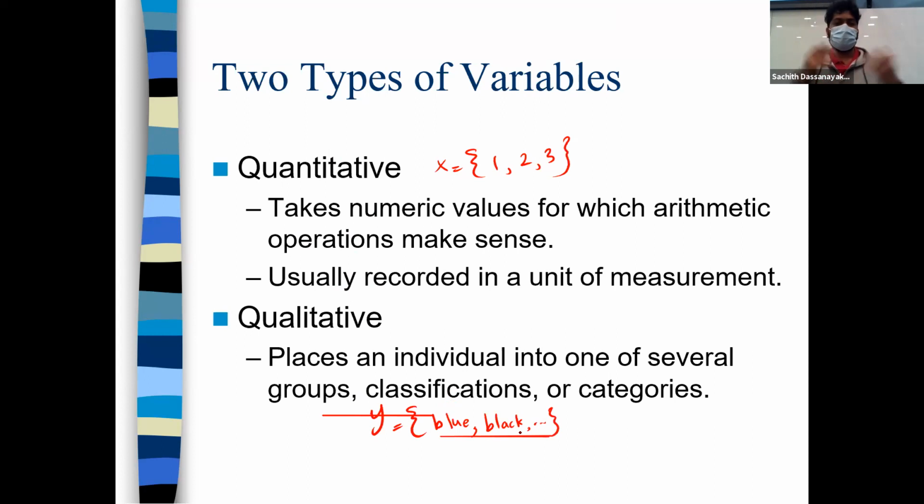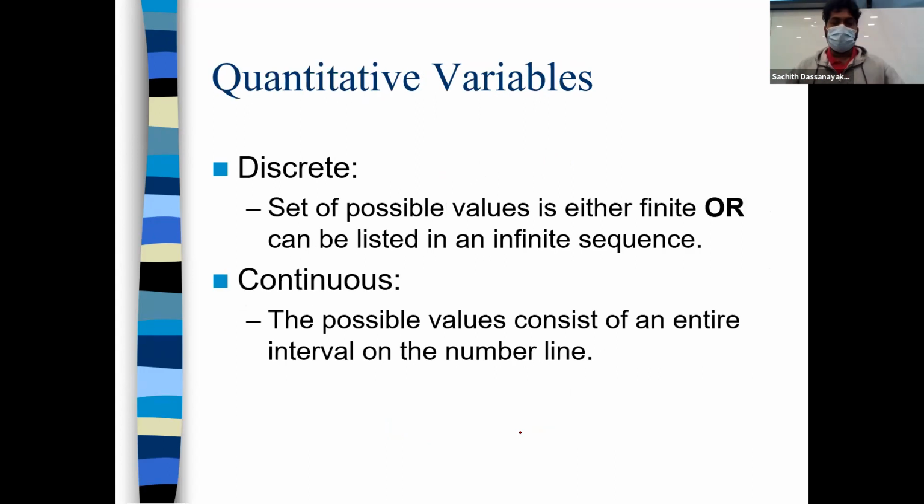So a variable can be either quantitative or qualitative, but we can deal with these two without any problem. If we want, we can convert our qualitative data to quantitative data, something like that. It's our choice.